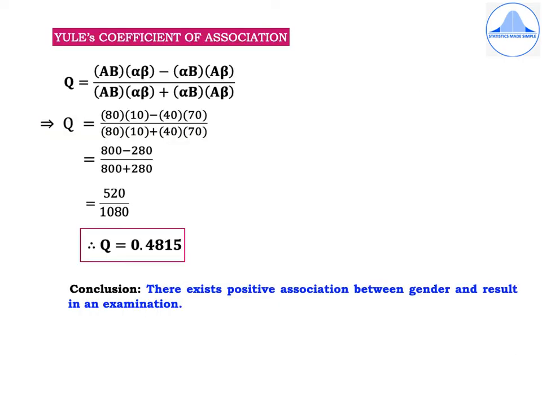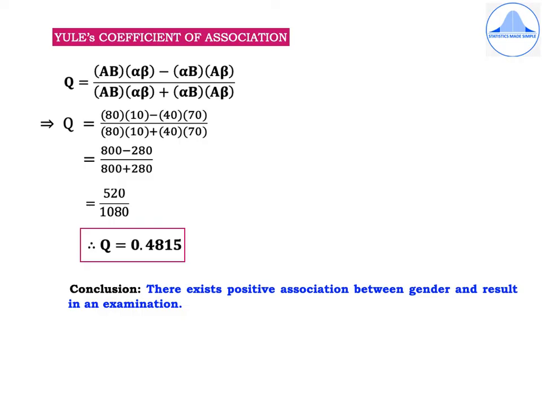Write the formula for Yule's coefficient of association, Q equal to AB into alpha beta minus alpha B into A beta divided by AB into alpha beta plus alpha B into A beta, which implies Q is equal to 80 into 10 minus 40 into 70 divided by 80 into 10 plus 40 into 70, which gives us 800 minus 280 divided by 800 plus 280, or 520 divided by 1080.